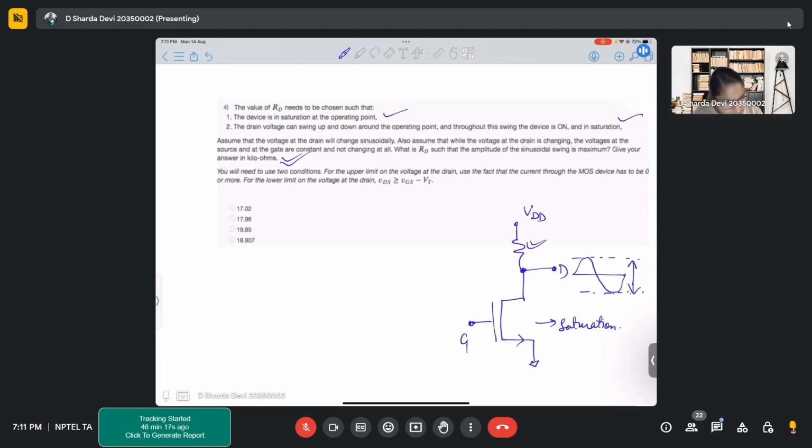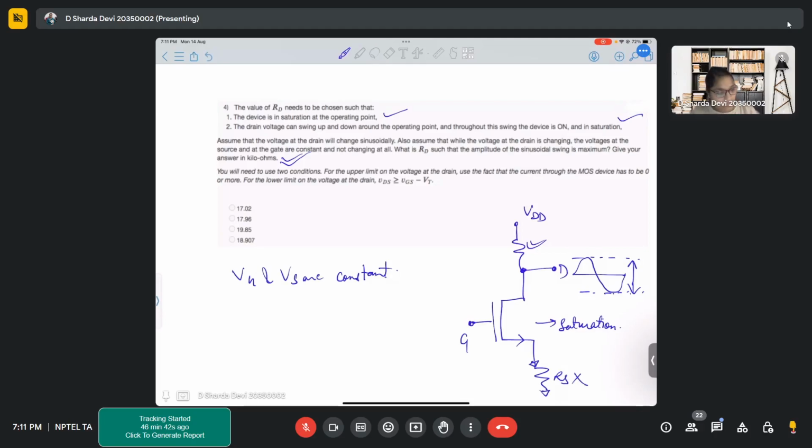And also it was mentioned that VG and VS are constant, not changing. So when it says that VG and VS are constant, not changing, that means you don't have a RS over here.